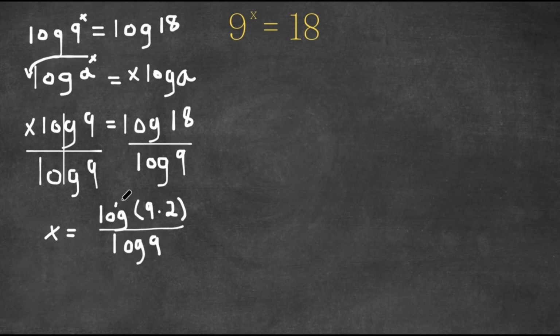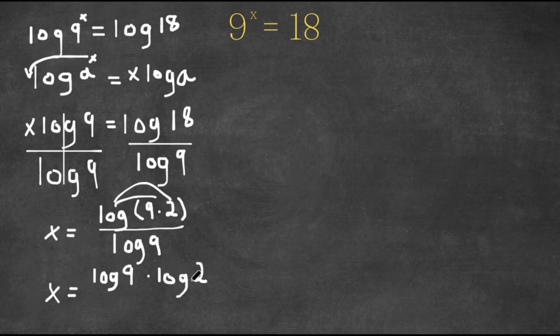And now if I distribute the log to both of these terms in parentheses, we get x is equal to log 9 times log 2, and we are still dividing this by log 9. And sorry, this is actually a plus.